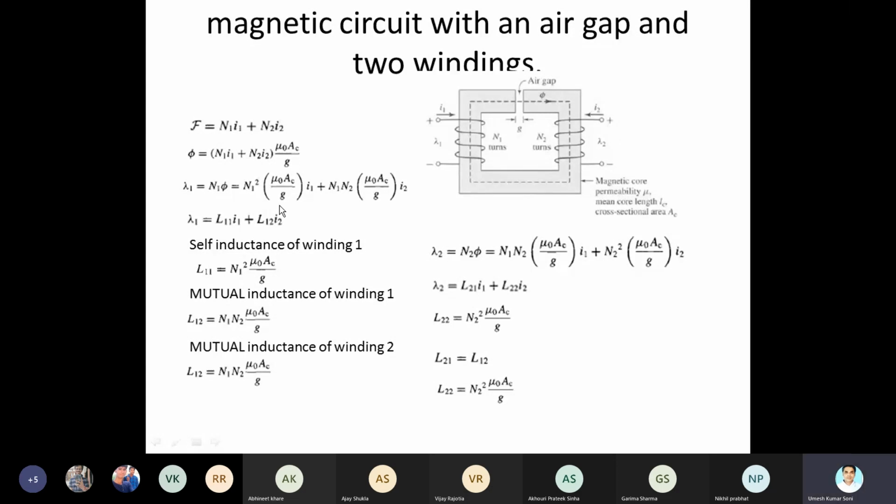Okay, so by equalizing, you see that the inductance of primary winding is N1 square mu 0 AC upon G. Okay, and in the same manner, the mutual inductance of winding 1 due to the other winding and the current I2.